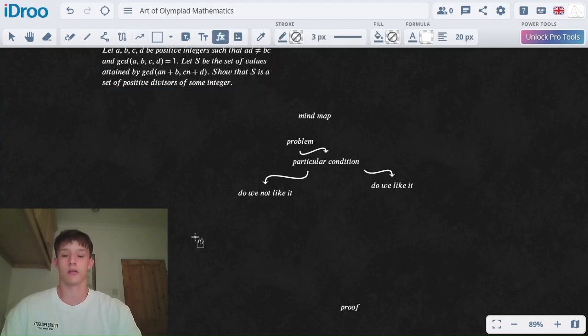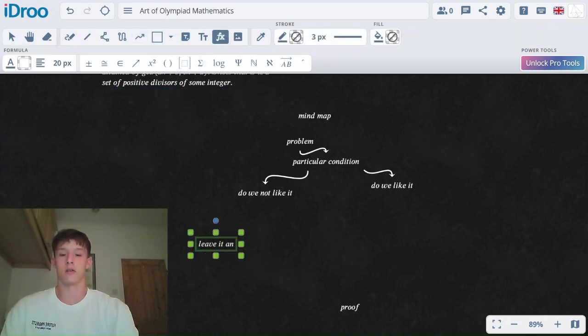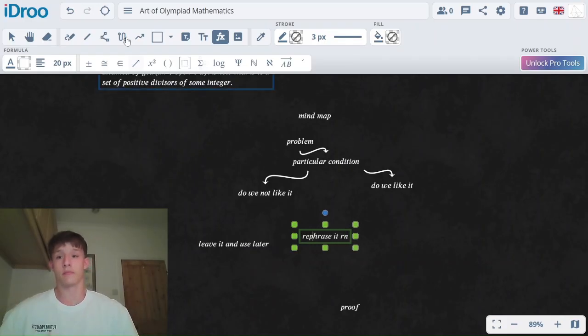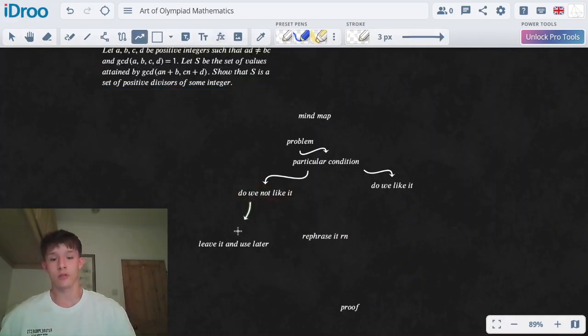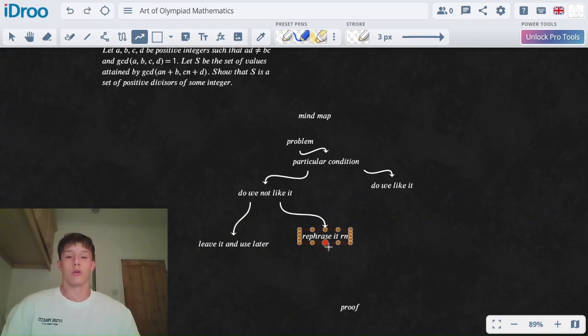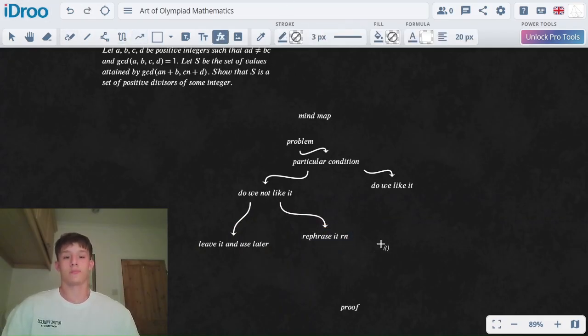If we don't like it, we can leave it and use it later, or rephrase it right now. There are always these two cases. If you feel like you're jumping too far ahead, you can leave it and try to use it later. Or you can rephrase the condition and try to use it now.